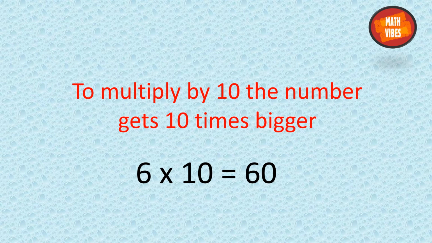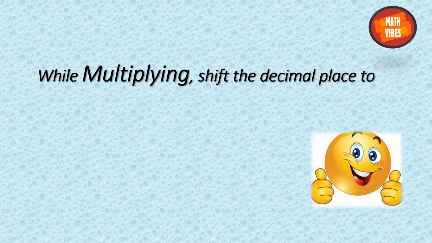So when the questions are related to decimals, then it becomes a little tricky. But here is a shortcut way or a trick to do those questions orally. Let's see how. While multiplying, we shift the decimal place to the right. Whenever we have to multiply decimal numbers by 10, 100, 1000, etc., we will keep shifting the decimal places to the right according to the number of zeros.